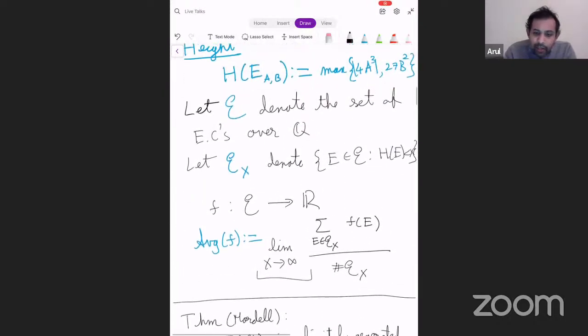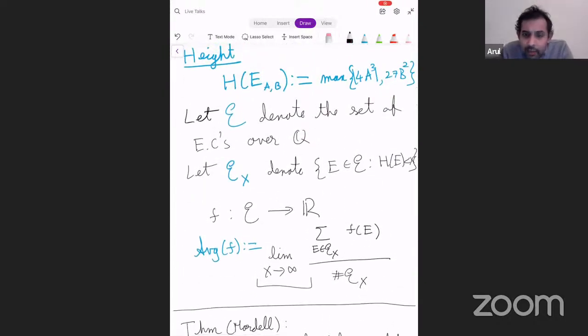Remember, how did we denote the average? We take the limit as x goes to infinity of this ratio. The size of E_x grows something like x to the 5/6.